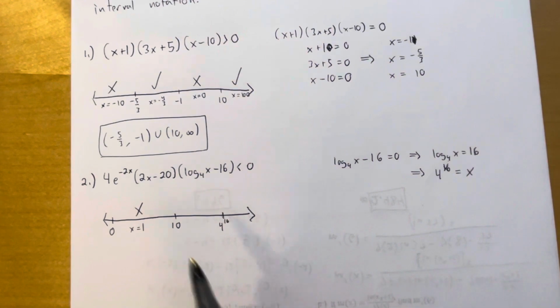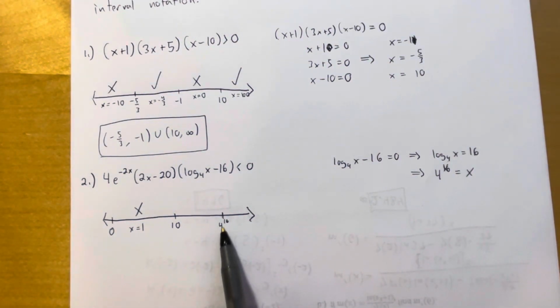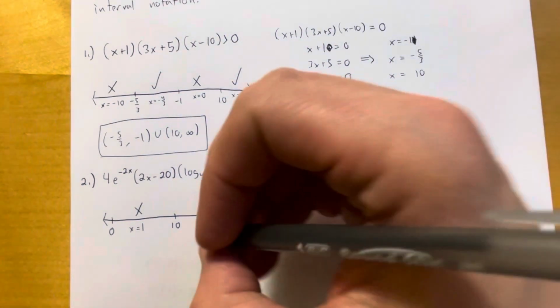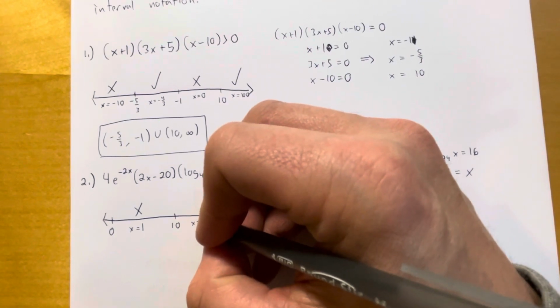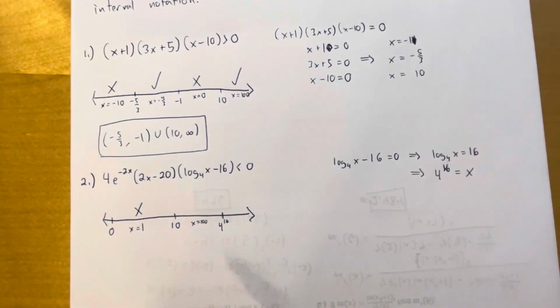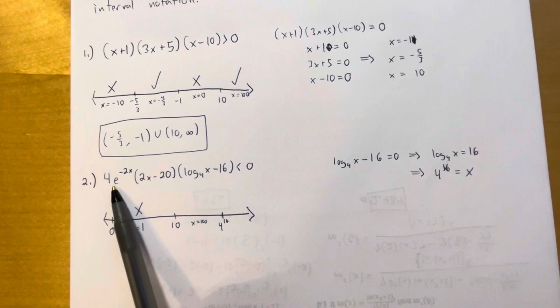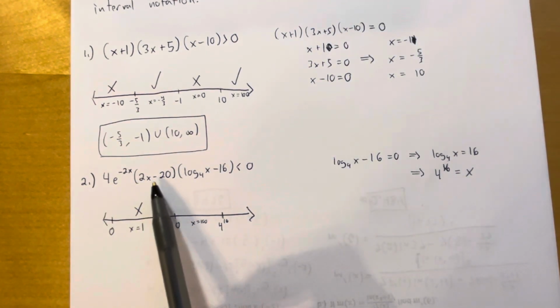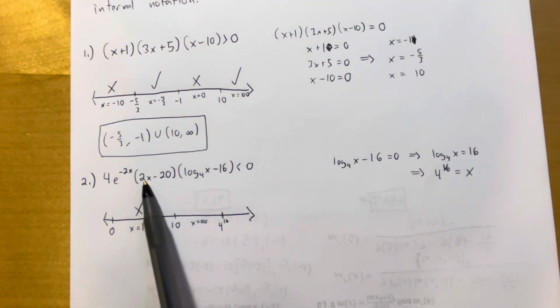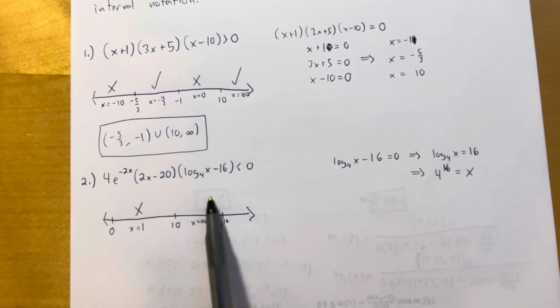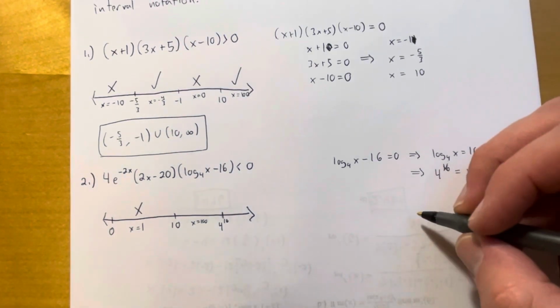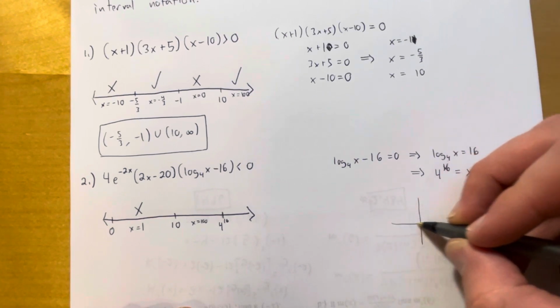Okay, now let's pick something between 10 and 4 to the 16th power. 4 to the 16th power is massive. So you can pick something like x equals 100, and that's definitely in that interval. Again, this will come out positive no matter what. 2x minus 20, that's 200 minus 20 when I plug 100 in, positive. Here, log base 4 of 100 minus 16. Remember, the logarithm function is an increasing function.